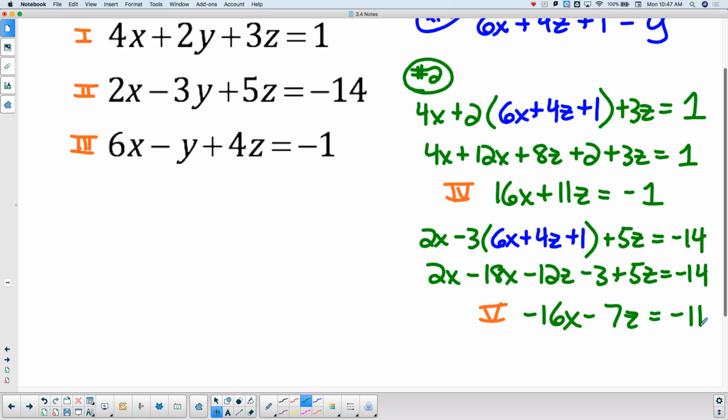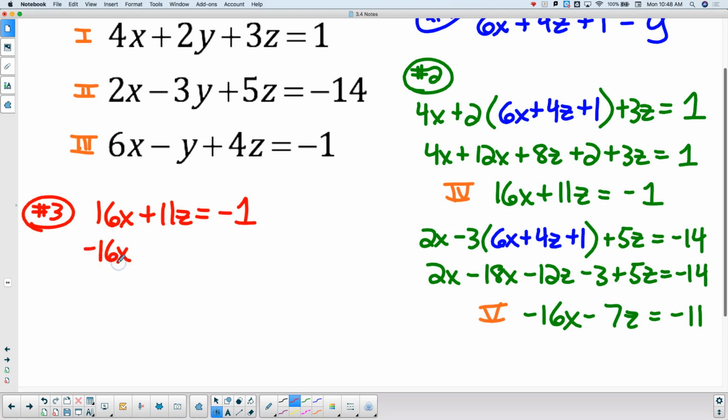Okay. Equations 4 and 5, substitution or elimination, run on them. Elimination, it's already set up for us, isn't it? So 16x plus 11z equals negative 1.